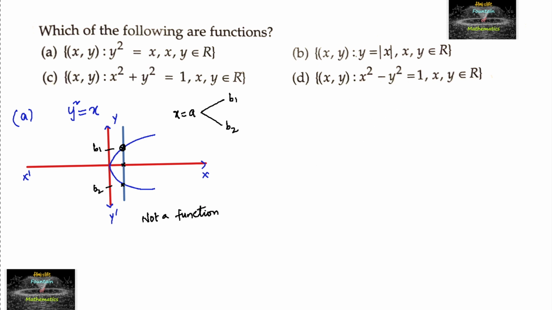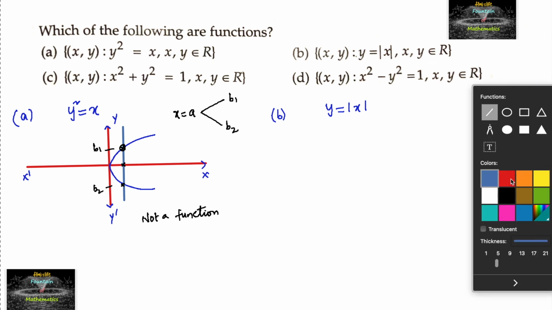And coming to the second one, y is equal to mod x, where x comma y belongs to R, and here we can see the graph.